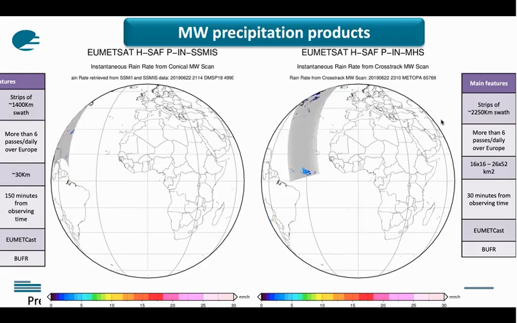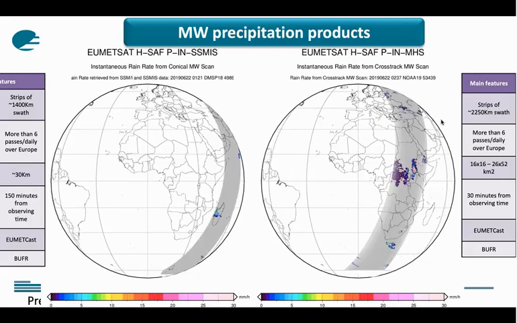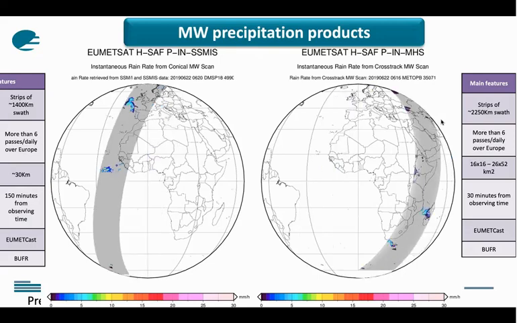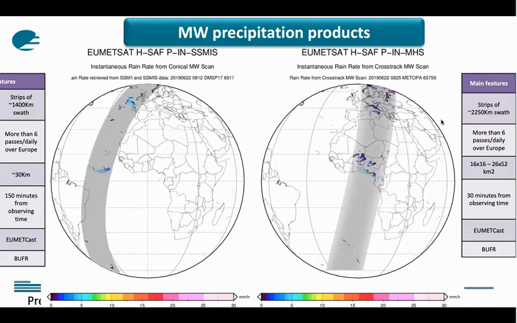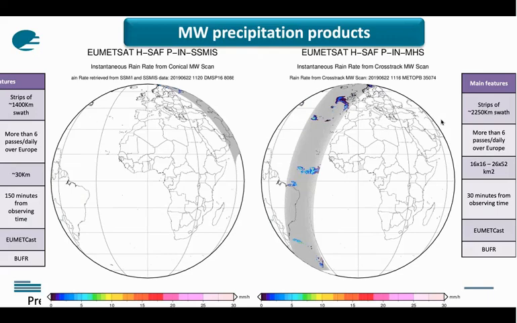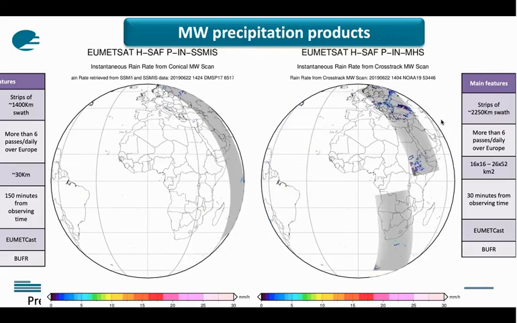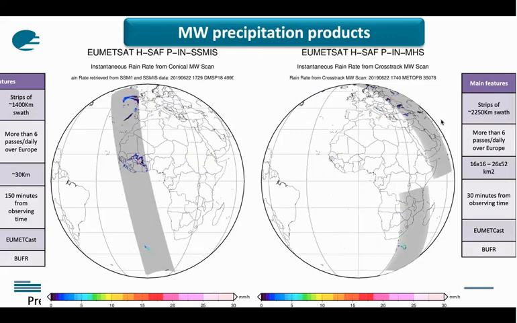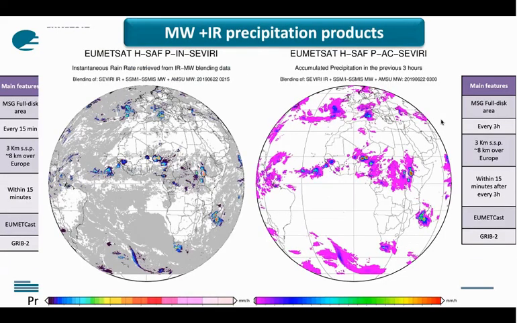For example, if we are using SSMIS, we have a resolution of around 30 kilometers, and when we use the cross-track MHS scan, we have a spatial resolution from 16 to 26 kilometers. As I said before, all these products are available via EUMeTcast and also by HSAF FTP.